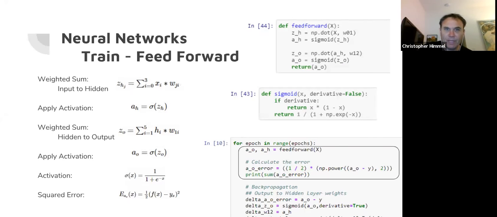So that's why we have I0 to 3. We're going to take each one of the x's and multiply by the weights and get our z's.